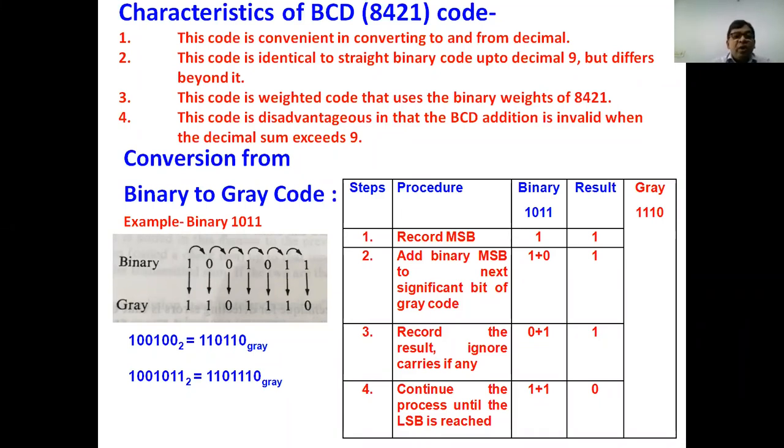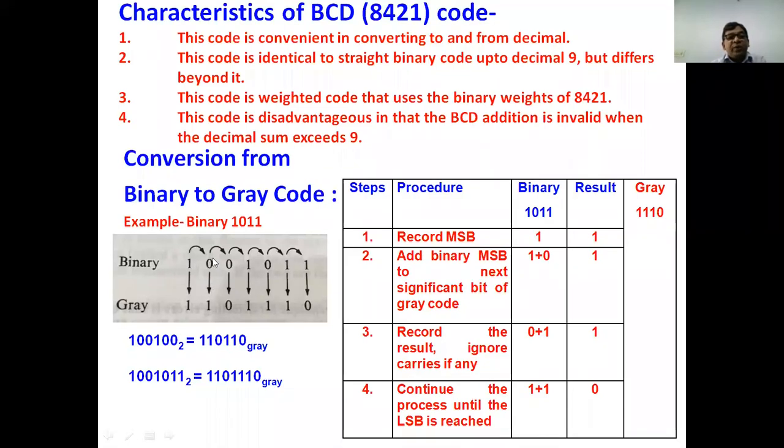Suppose here we want to convert binary 101011 into gray. What we have to do is put the most significant bit of the binary here, as the MSB of the gray code. Then this plus this will be added. 1 plus 0 is 1.